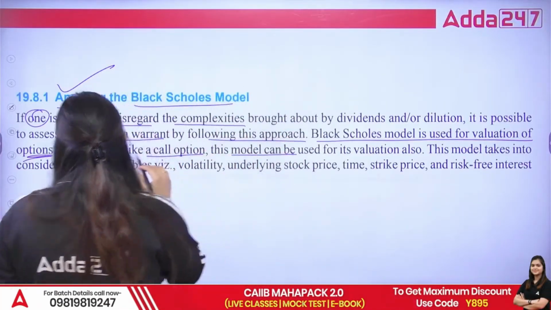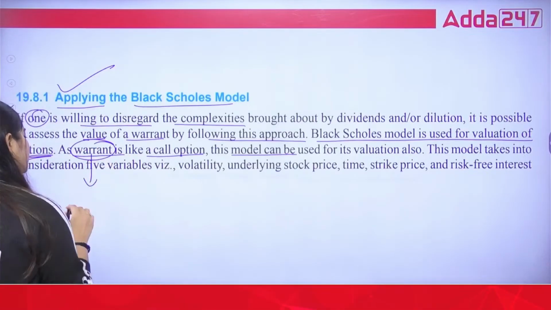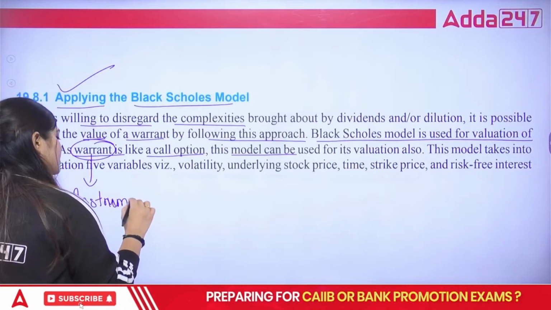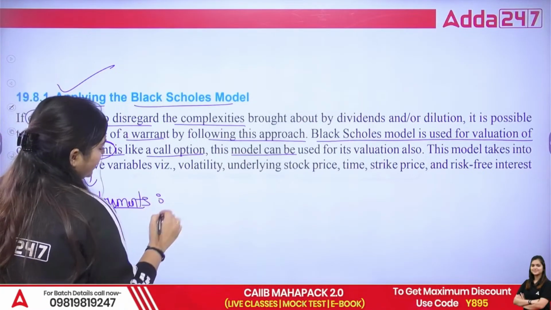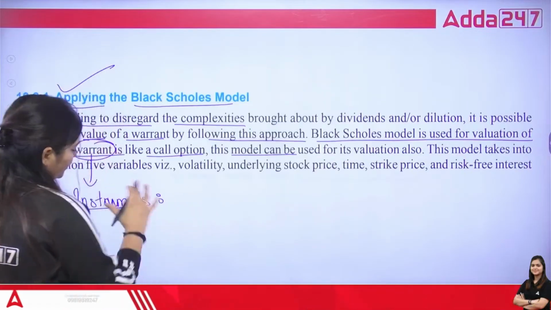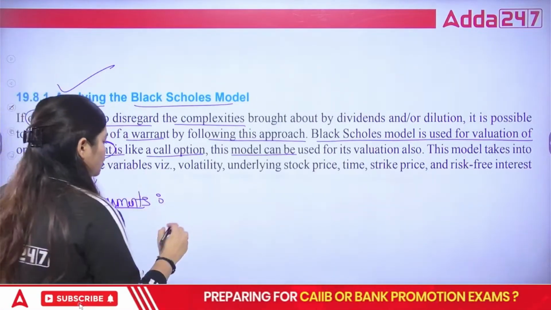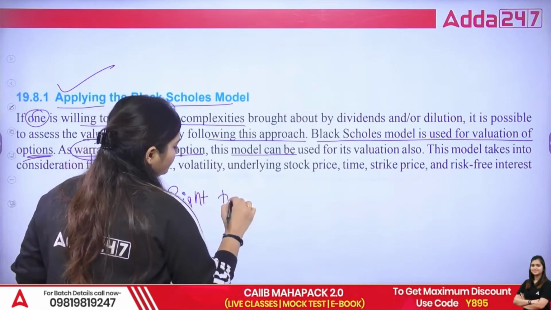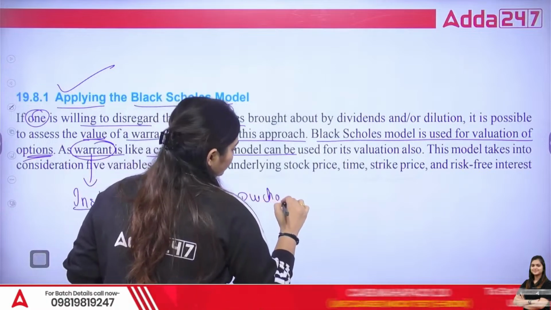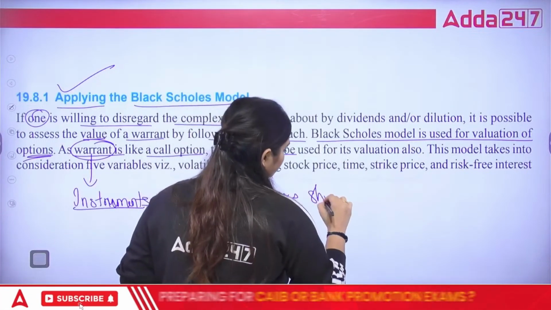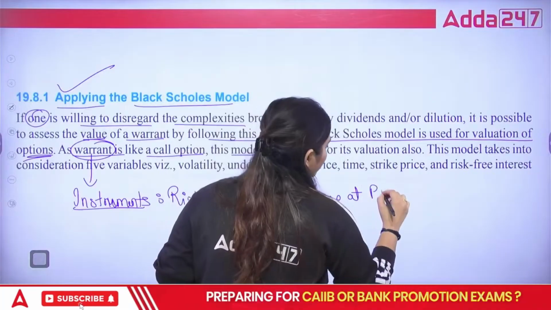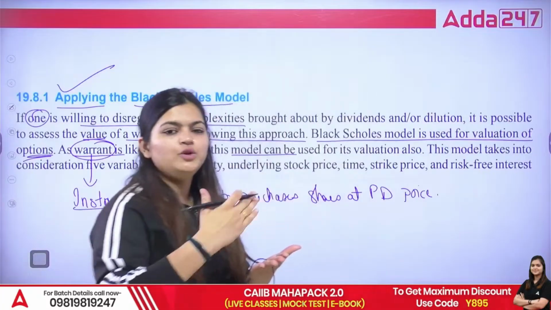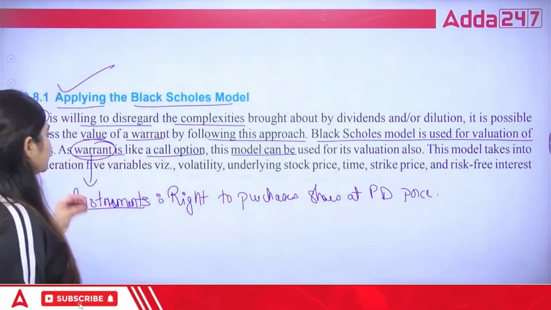Now, what are warrants specifically? Warrants are those type of instruments in which first you give the instrument, and on that instrument you give the right to purchase shares at a predetermined price, on some specific date in the future.